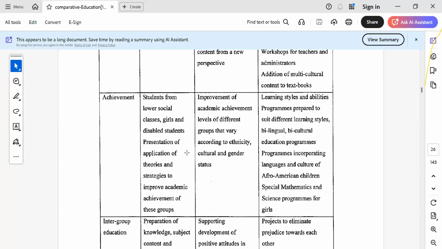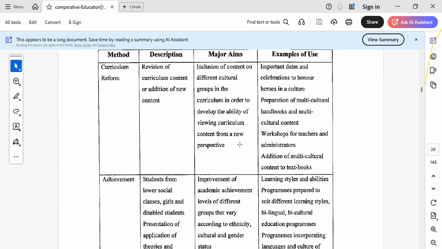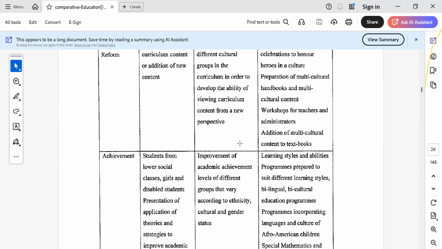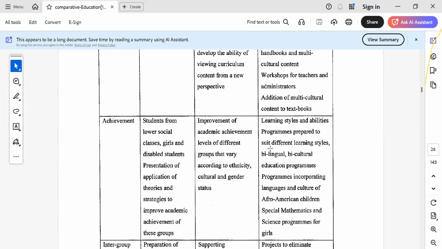Then the achievement approach: students from lower social class, girls and disabled students, presentation of application of theories and strategies to improve academic achievement of these groups. The major aim is improvement of the academic achievement level of different groups that vary according to ethnicity, culture, and gender status. Examples of use: learning styles and abilities, programs prepared to suit different learning styles, bilingual, bicultural.